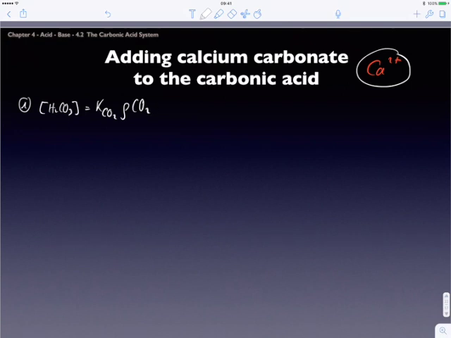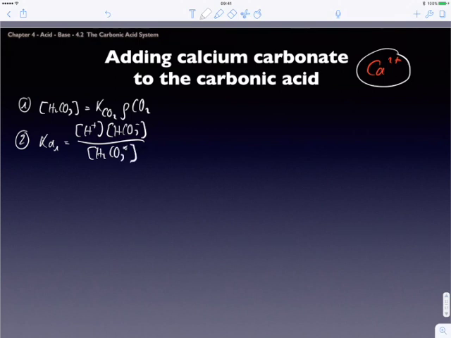This is from the first equation, the mass balance equation of the dissolution of CO2 into the water. The second one, we know, is the Ka1 value, which is equal to H+ times the bicarbonate divided by the carbonic acid.